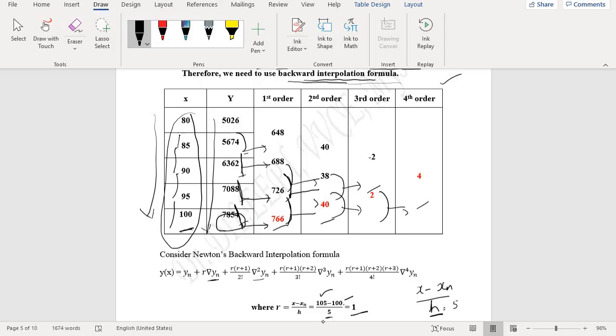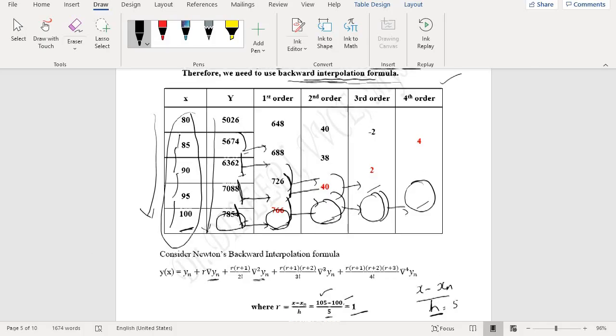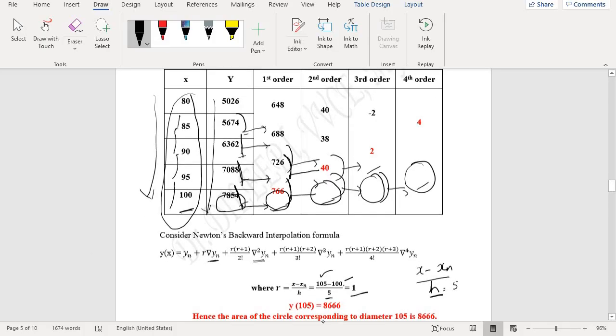Del yn means the last value from the first order. Del square yn means the last value from the second order. Del cube yn means the last value from the third order. Del power 4 yn means the last value from the fourth order. Now substitute those values. You will get the value of y when x is equal to 105.